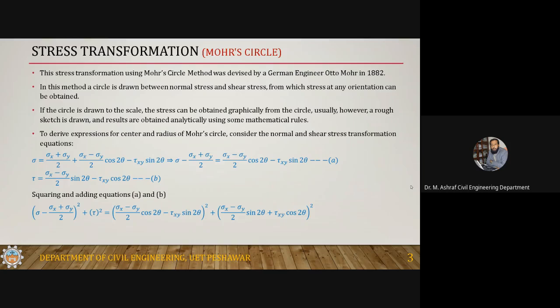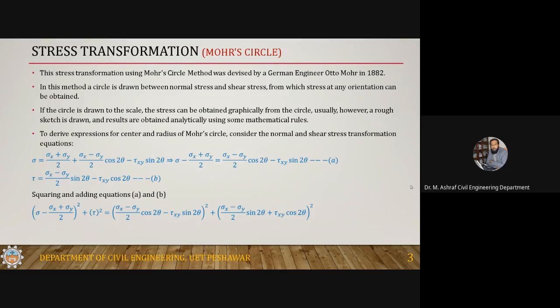Okay. Now, the stress transformation using Mohr circle method was devised by German engineer Otto Mohr in 1882. You can imagine this is 1882, almost around 150 years back. And you can imagine that 150 years back, what would be the situation of calculations.